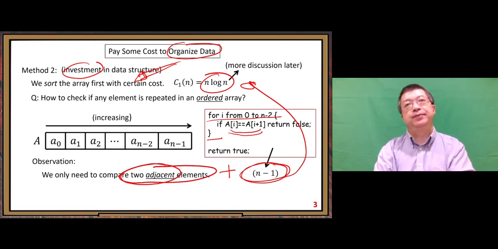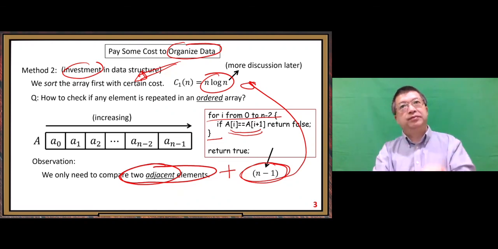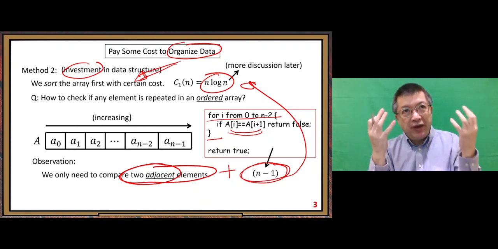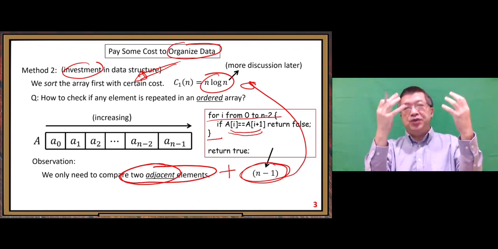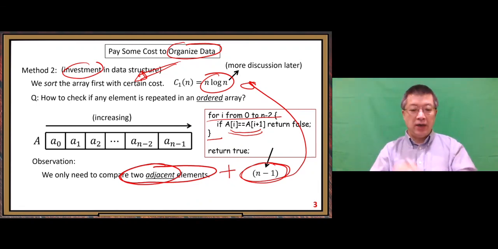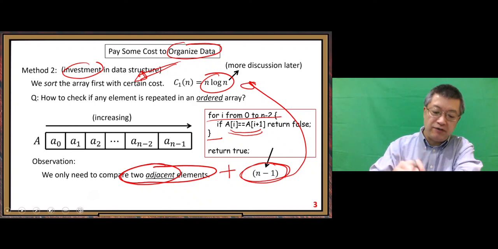Which one is better? In our next video, our last video of today, we will compare which method is better using theoretical analysis. All right, so let's stop this video first.